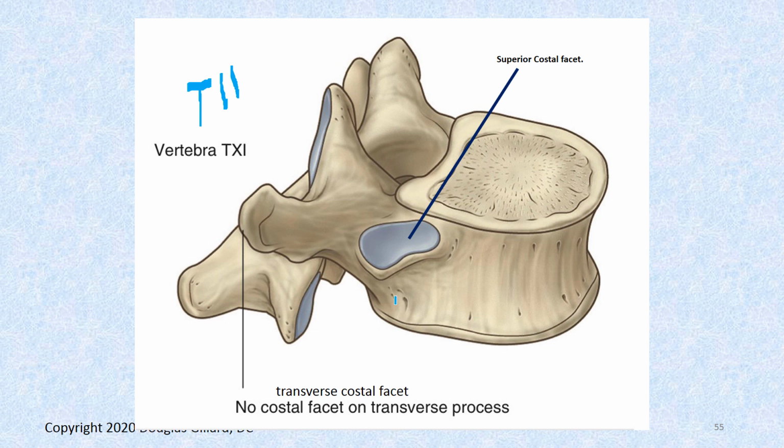This doesn't. Plus T1 would have a transverse costal facet. This doesn't. So this could be either T11 or T12. I didn't get deeper into the transverse processes, but T12 doesn't have a very developed transverse process. It has a short little stubby one. So I could tell this is T11, but I'd be happy if you could tell it's T11 or T12.